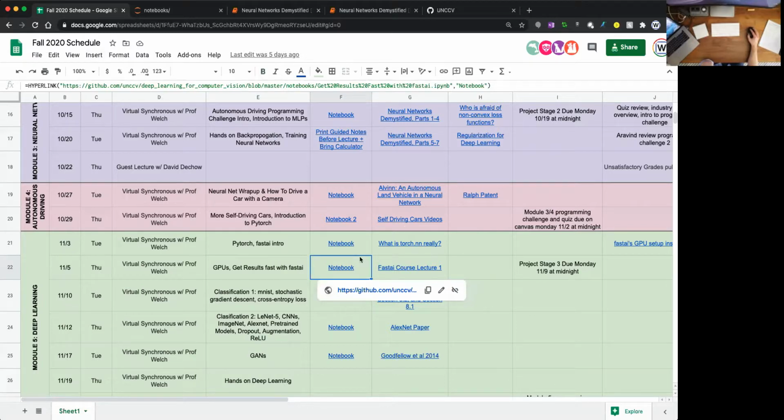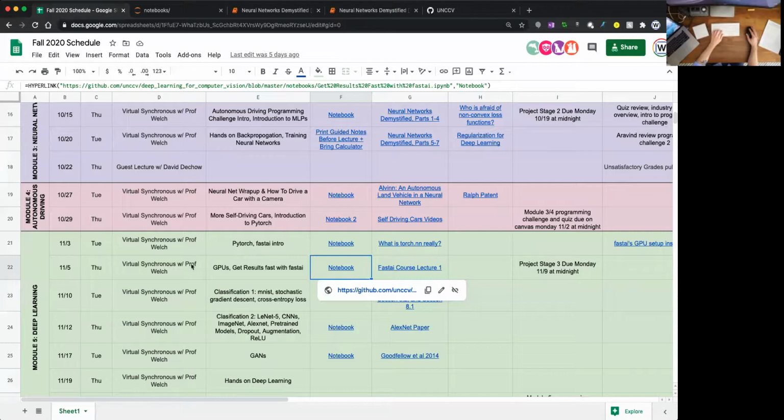This library is a great starting point for deep learning. What we're doing in this module is we're really covering all of the inner workings of deep learning. How do neural networks really work? But when you go to do your project, I want you to be using the state-of-the-art technology in computer vision. And in my opinion, that really is FastAI. So really, this lecture is a great place to start.